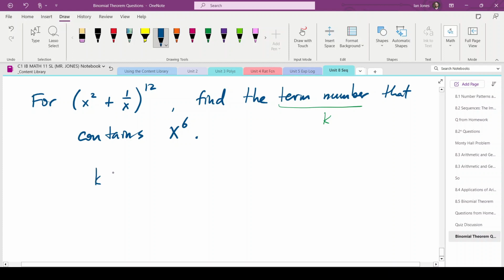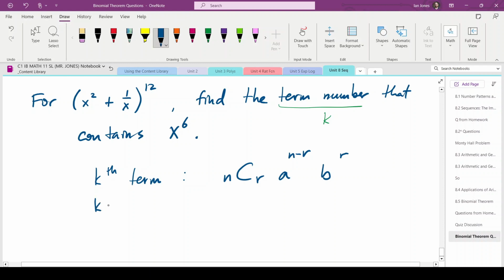We know that the kth term will be given by n choose r a, which in this case is x squared, but I'll put an a for now, a to the n minus r, b to the r, right? That's the generic term for any term in a binomial expansion.